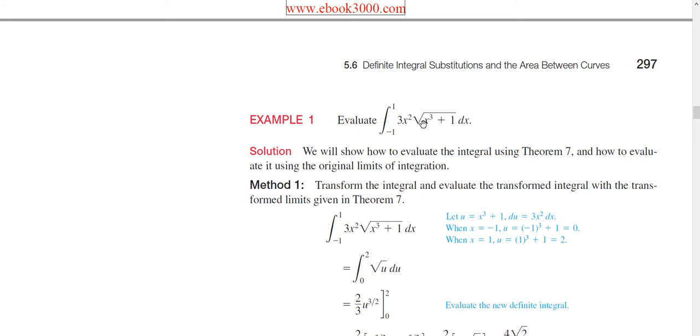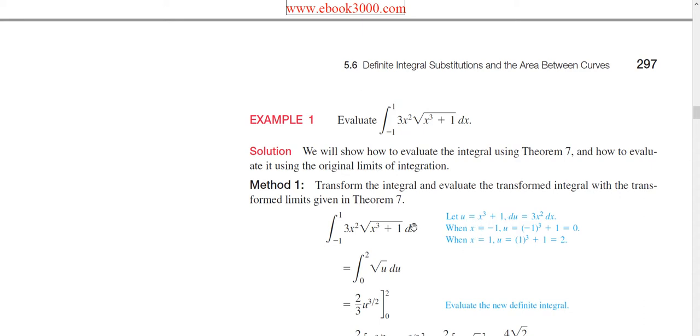So our g of x is x cubed plus 1. So g of a is g of -1, that is u is equal to (-1) cubed plus 1, and this is equal to 0. We just plugged in x is equal to -1 in this substitution, and that is it.